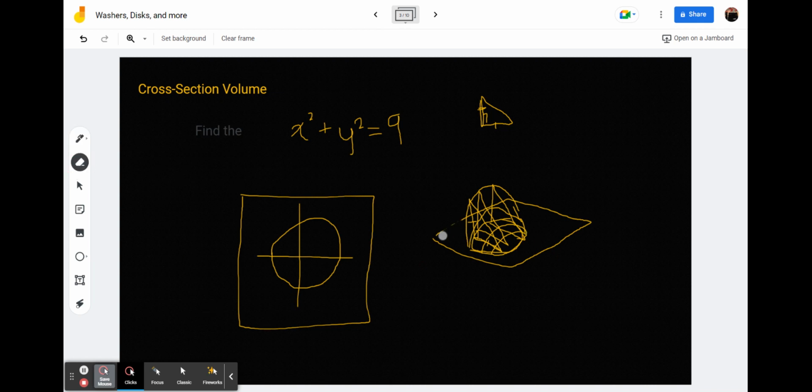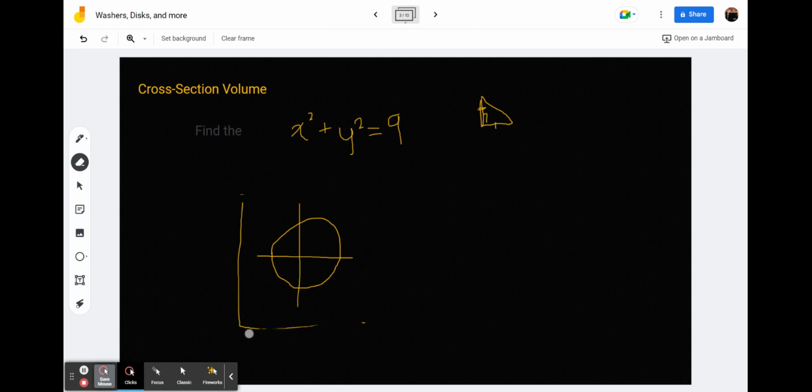Okay, how do we solve for that? First of all, we need to find the cross-section of this graph. And then we need to use that to find the volume of the shape that we're creating.